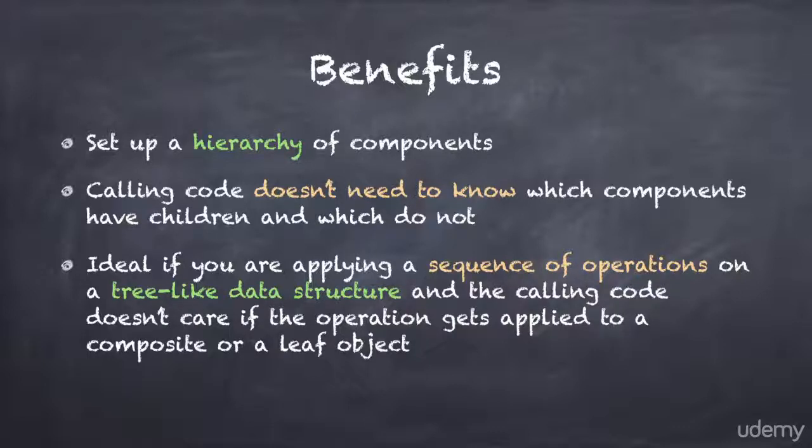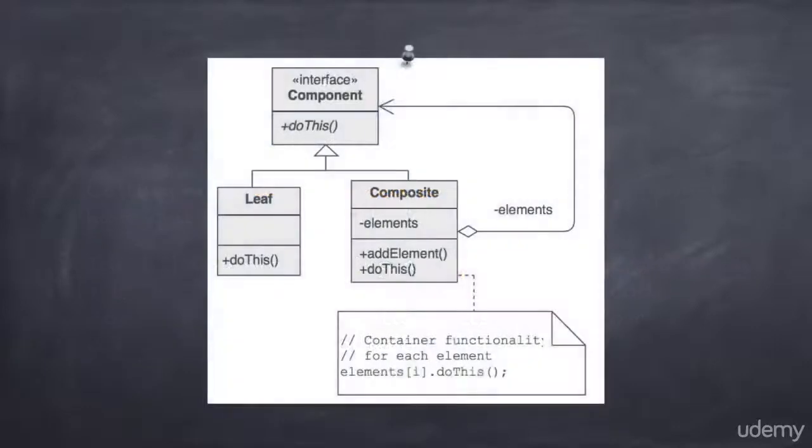Here is the UML diagram of the composite pattern. At the top of the diagram is the abstract component class. It declares a very simple interface, which consists of a single method called doThis. Both the leaf and the composite class will implement this method in their own way.